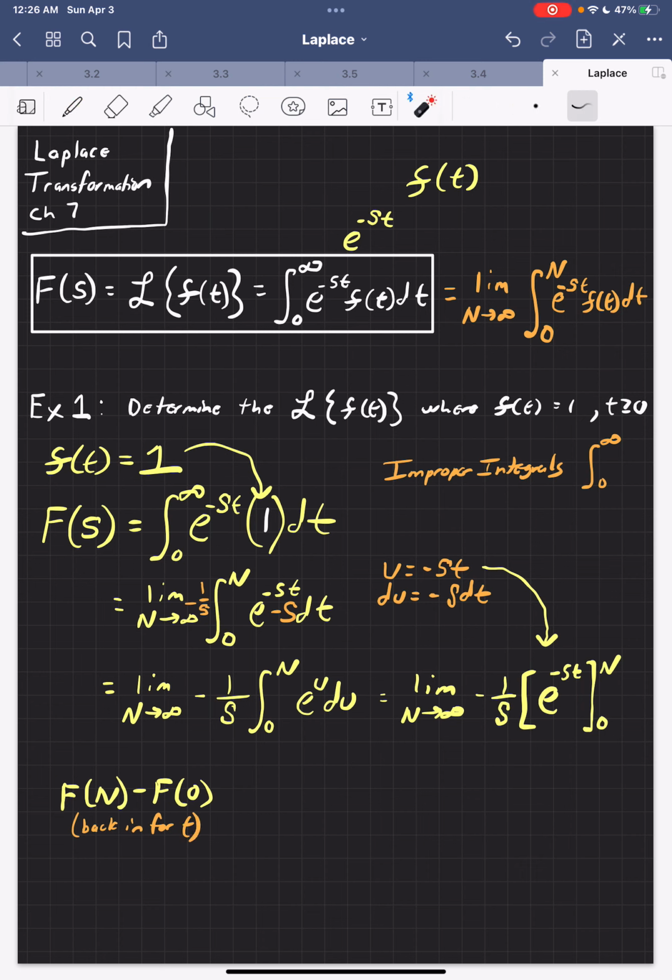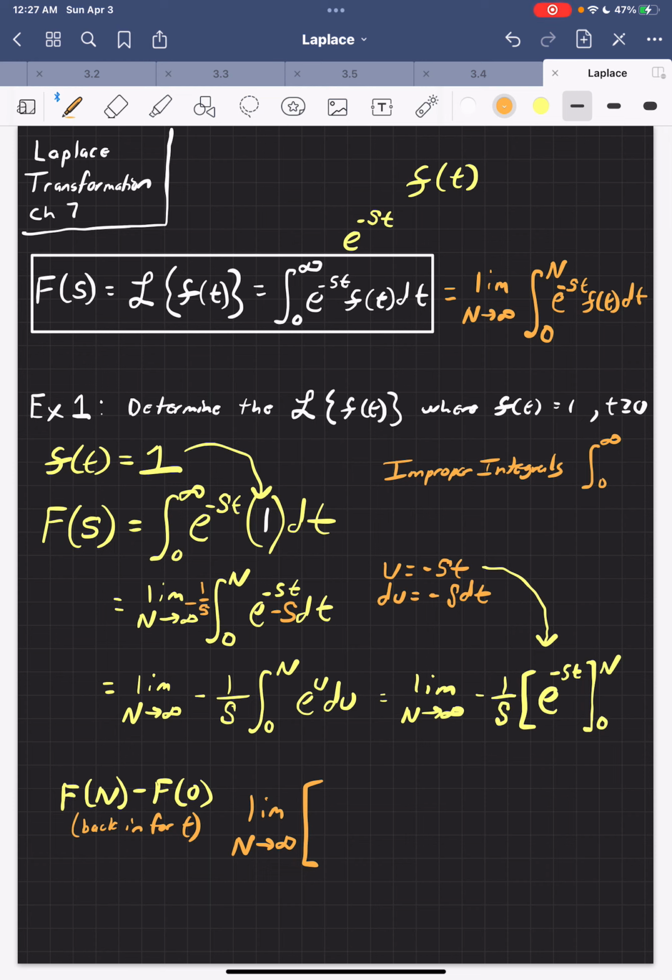So all that's going to happen right now is plugging in n for t, and 0 for t. Let's see what that looks like. So now I have the limit as n approaches infinity of, let's go ahead and distribute this out.